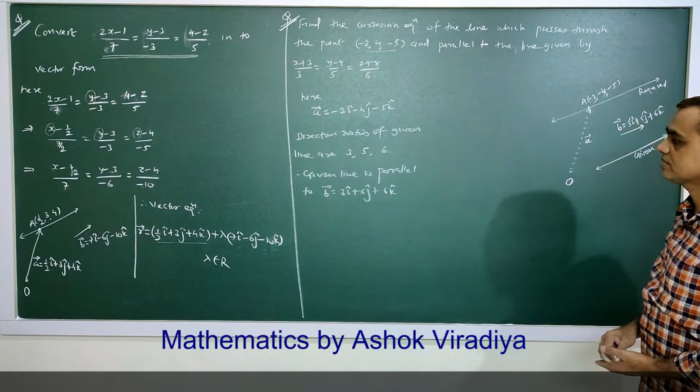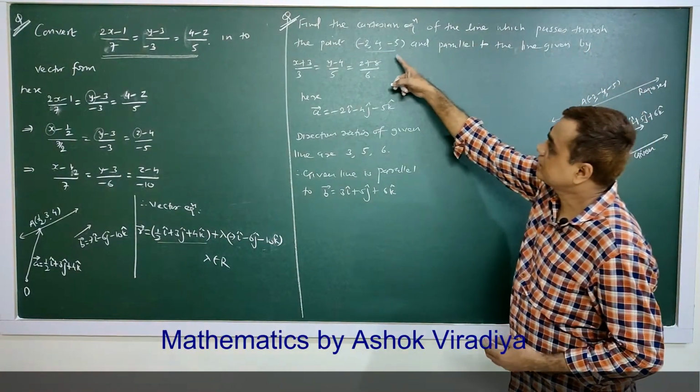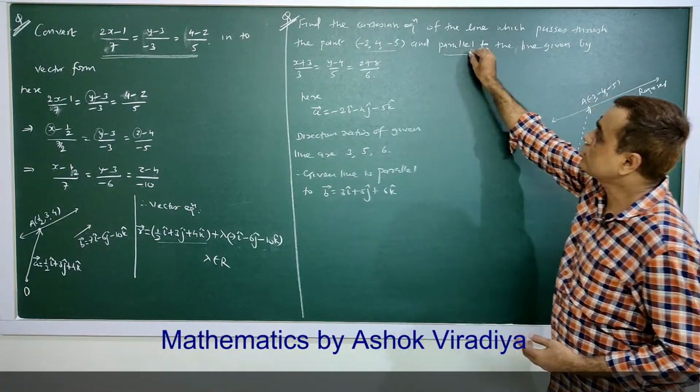Now the required line is passing through this point and it is parallel to the given line.